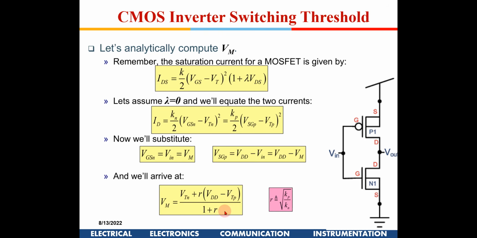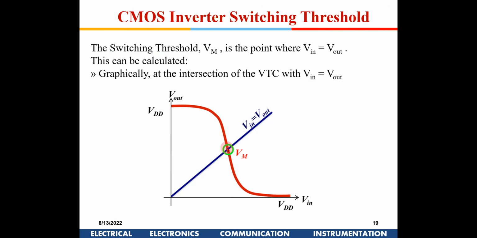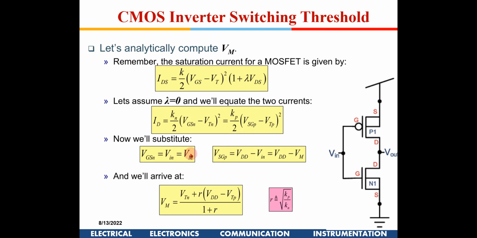So I get the equation for VM like this. Is this okay to all of you? I have equated the PMOS current and the nMOS current. For the nMOS, VGS is VM, because I am trying to find out the inverter switching threshold. And what is switching threshold? Vin is equal to Vout, somewhere in the middle. This is the curve where Vin is equal to Vout. So Vin is VM.